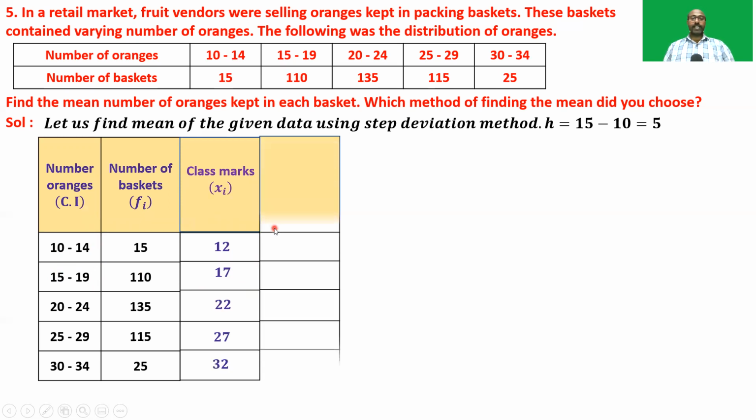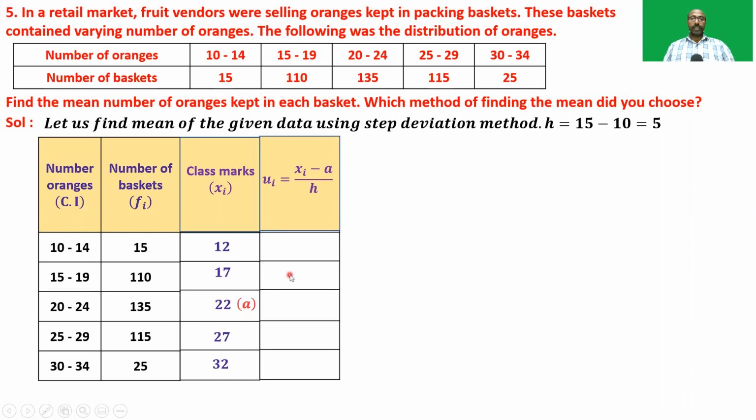The fourth column is ui equal to (xi minus a) by h. We have to choose a class mark as the assumed mean. Here 22 is the middle one, so we choose 22 as the assumed mean.